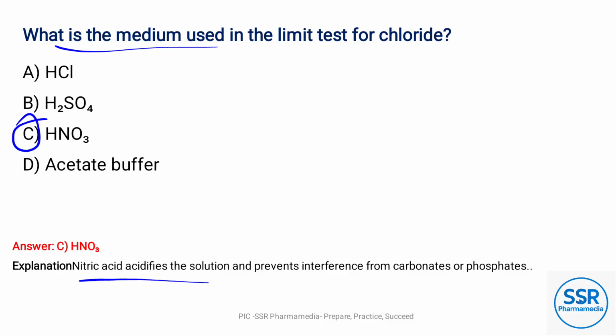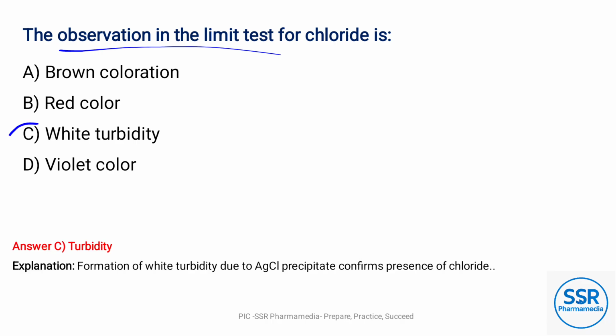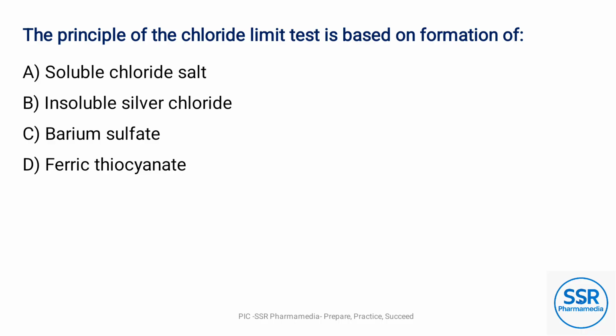Dilute nitric acid acidifies the solution and prevents interference from carbonates and phosphates. The observation in the limit test for chloride is white turbidity. The formation of white turbidity due to silver chloride precipitate confirms the presence of chlorides.